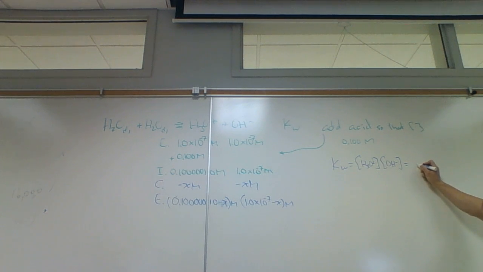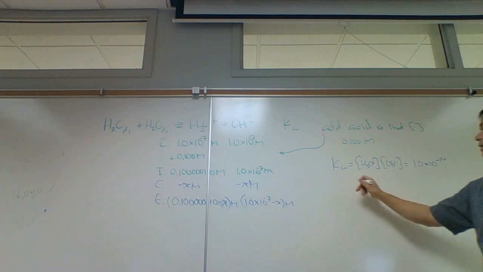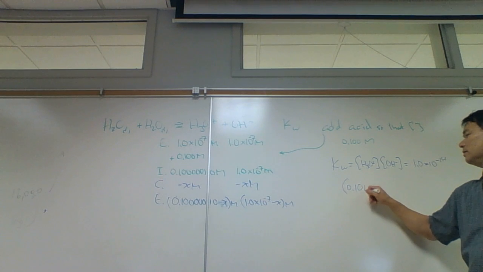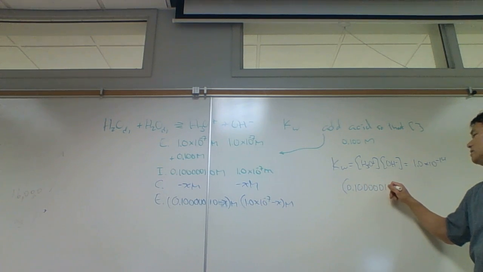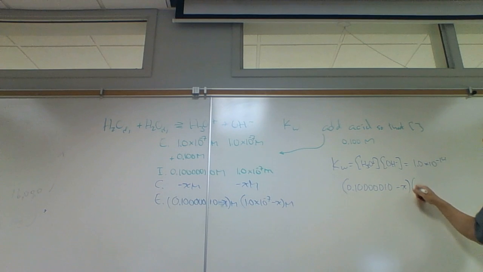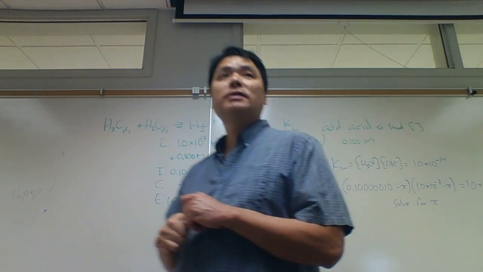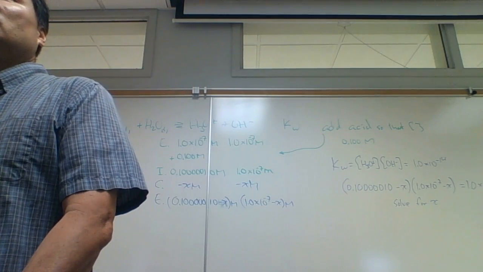What is it? 1.0 times 10 to the negative 14. And so this is going to equal 0.1000000 minus x times 1.0 times 10 to the minus 7 minus x is equal to 1.0 times 10 to the negative 14. And then we just solve for x. All right, and so why don't you go ahead and solve for x now?